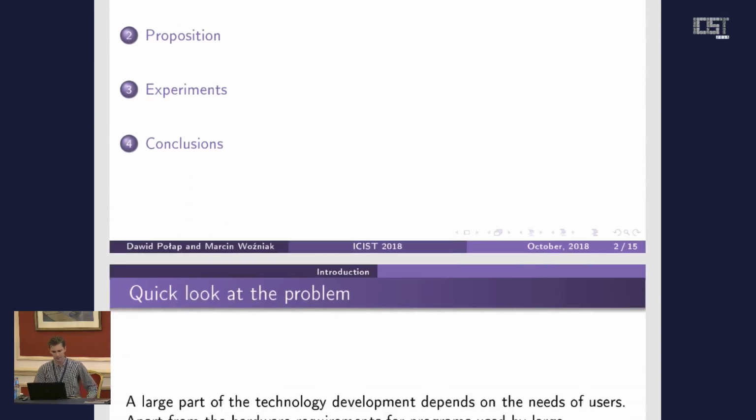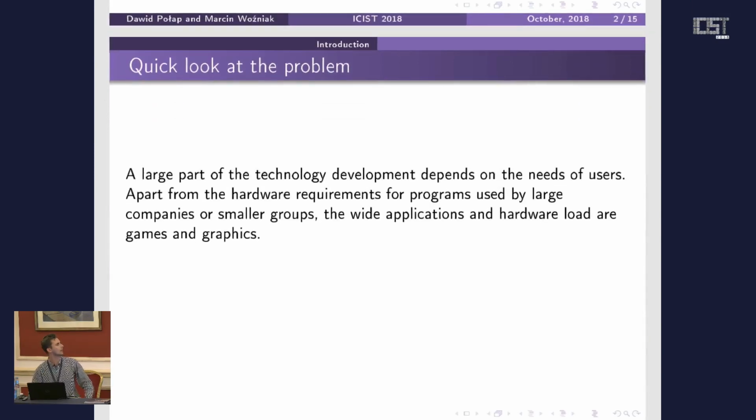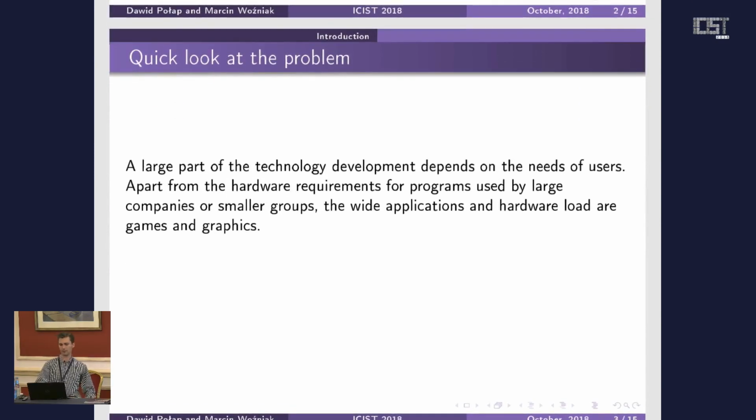Okay, so a quick look at the problem. A large part of technology development depends on the needs of the user. I believe that all of us know that when we get some new software, we all say, oh, it's nice, but we would still like it to be better. We want something better or something else. A special group of these people is players who, when they finish a game, say, okay, but the storyline could be much longer.